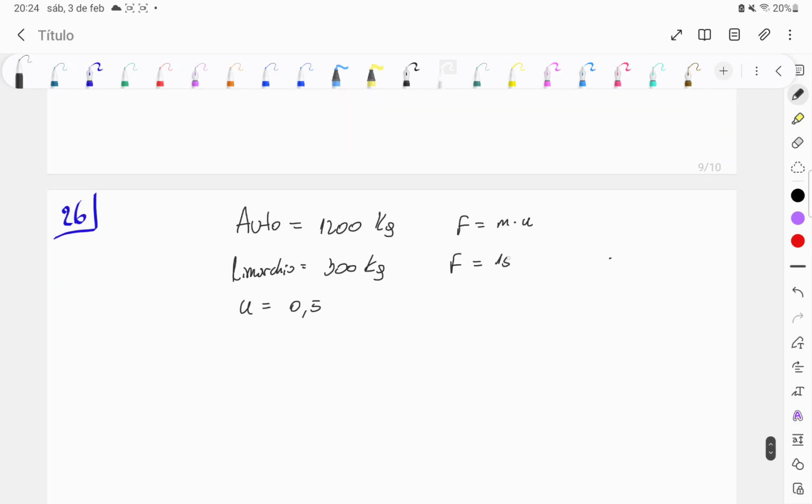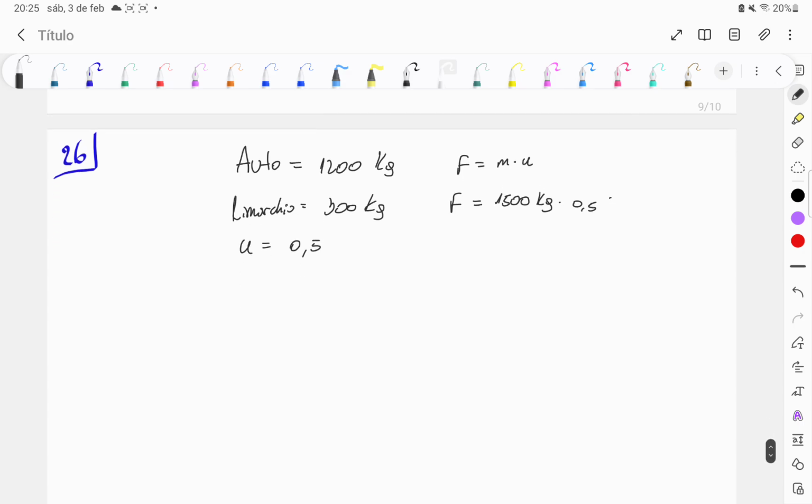So this is equal to this. The acceleration is 0.5. Then the final force is going to be this multiplication, that is 1,500 times 0.5, that is equal to 750 newtons.